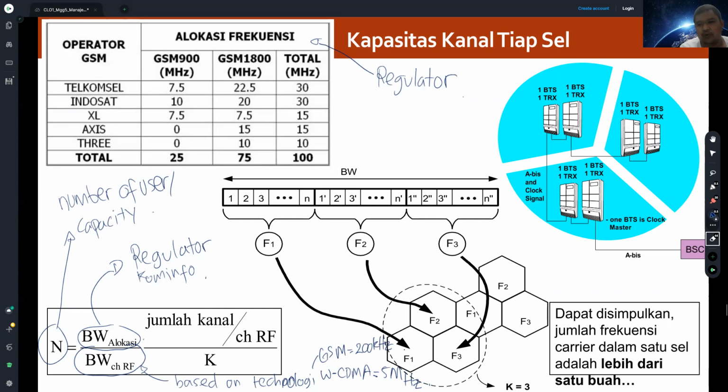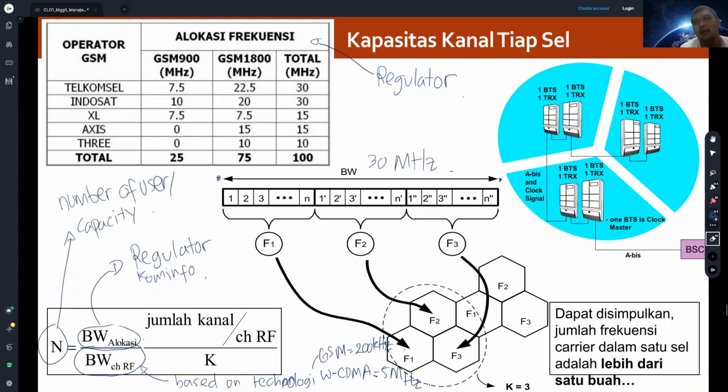From this equation, we could see that the number of the frequency carrier within one cell could be made more than one within allocated bandwidth. So let's say this one is the allocated bandwidth, for example, for a telecom cell it is 30 megahertz. Now, within this allocated bandwidth, we could put multiple channel RF, right?